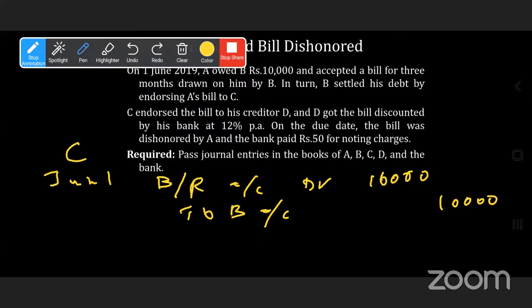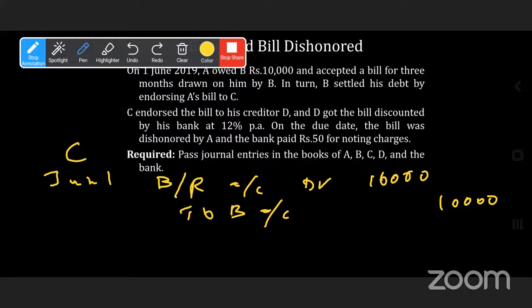B endorsed the bill to C in settlement of some debt. Now we have to write the narration as being bill received from B. Is it okay?